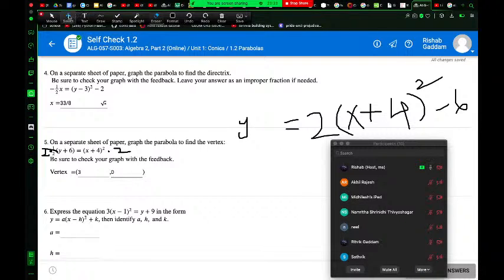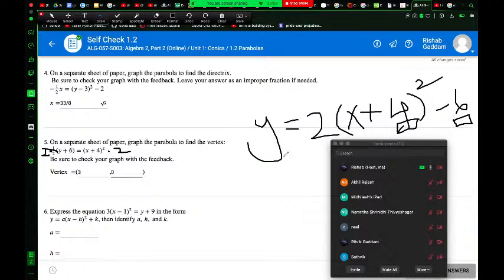So this is in the perfect quadratic vertex form. This variable right here is h, and this is k.